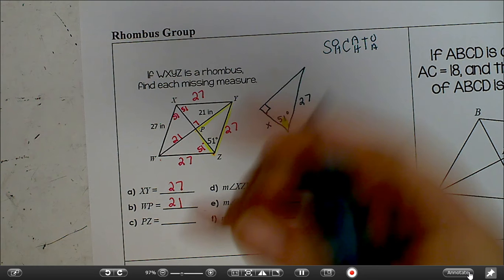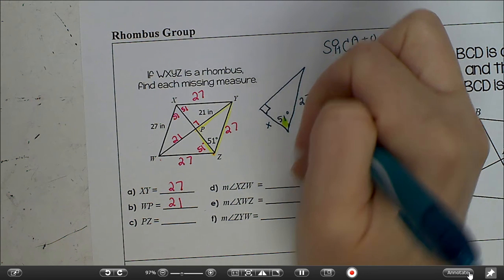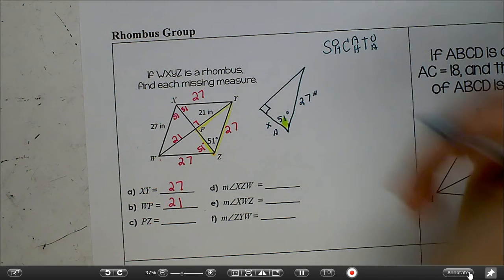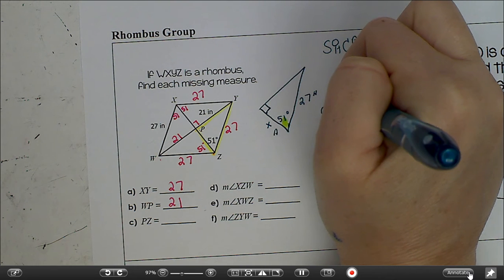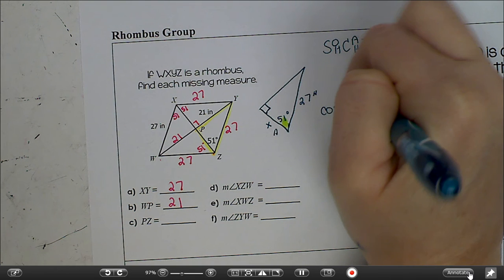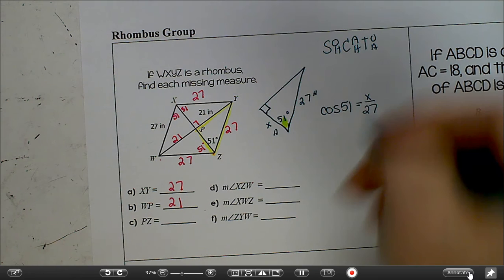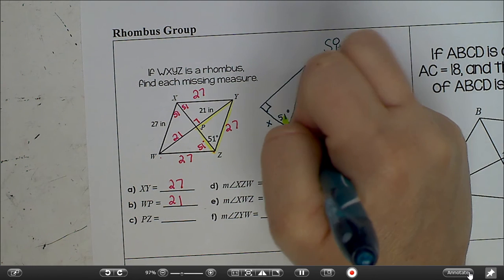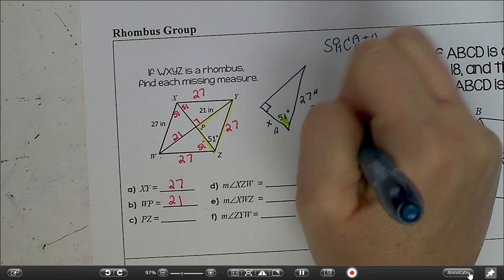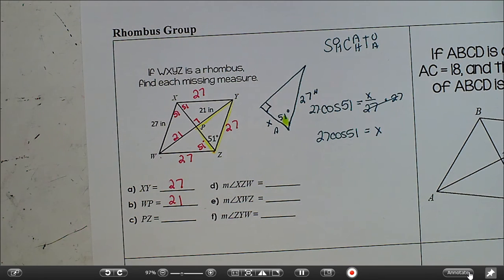And based on that angle, we have the hypotenuse and the adjacent side. So we're going to want to use cosine. Cosine 51 equals adjacent over hypotenuse. We're going to multiply both sides by 27. So 27 cosine 51 equals x.